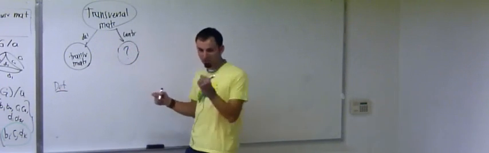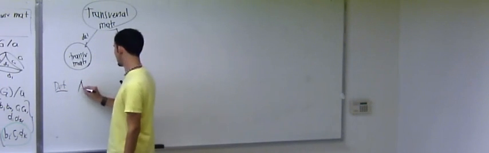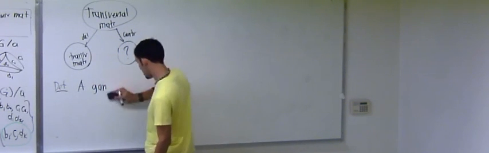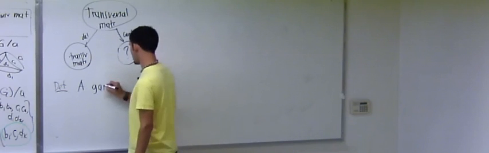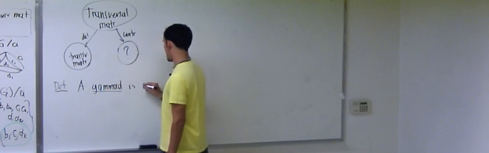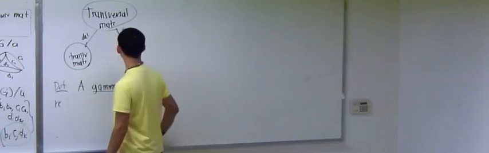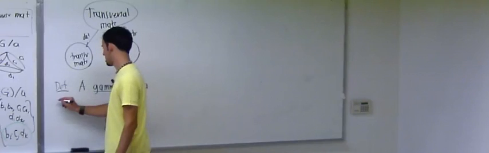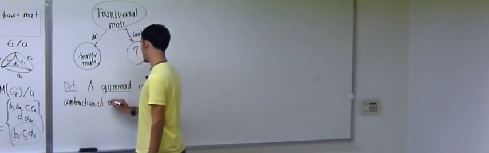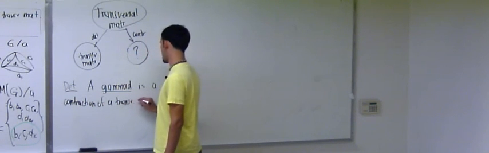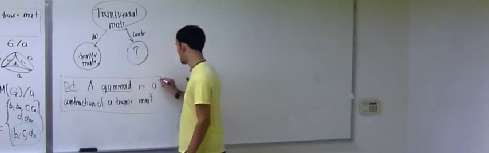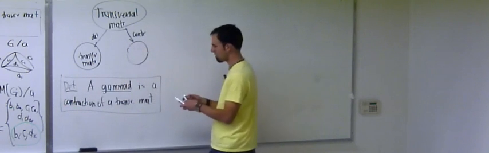This is what I told you last time is a gammoid. A gammoid is a restriction of a contraction of a transversal matroid. So in other words, the name for these is gammoids.